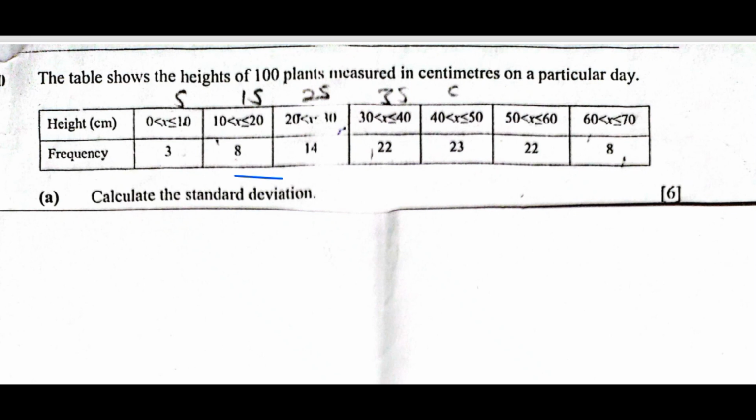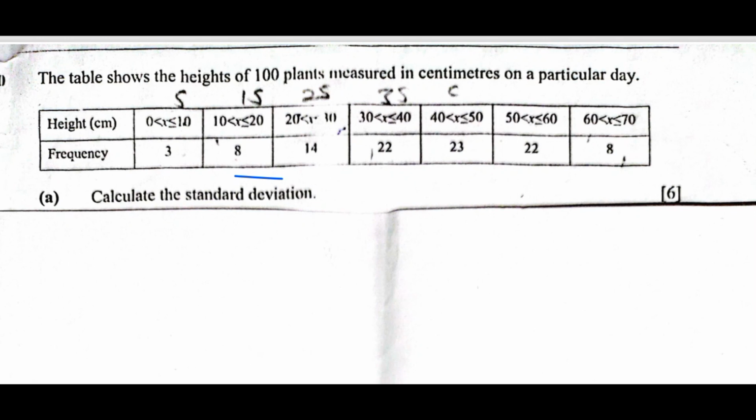Now standard deviation tells us how scattered the data are from the mean value. Let's not focus on the definition. The thing to focus on is, first we need to look at what type of data we are dealing with. So we are dealing with what we call grouped data. If you have trouble identifying the type of data, you just have to look at this.